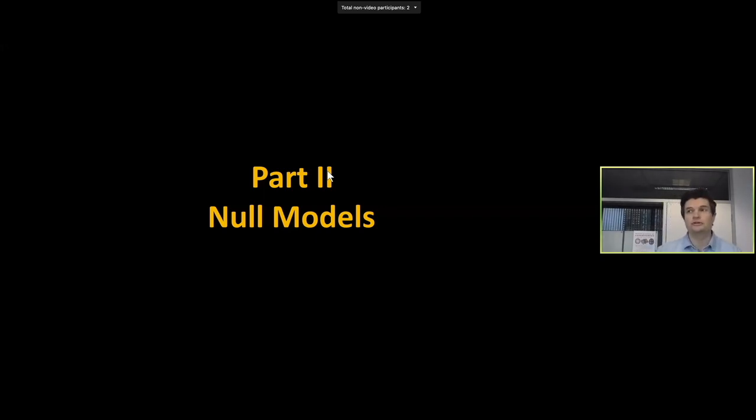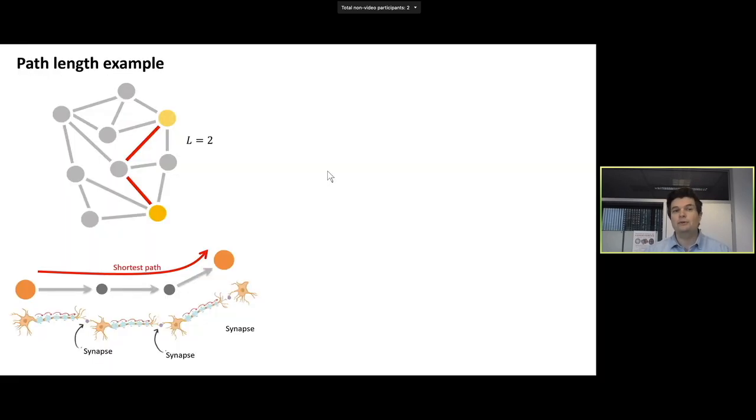Null models are crucial in connectomics to set references, to set benchmarks. And I want to begin with this example. This is a small network, and I want to consider the network measure of path length. We'll see this again in one of the subsequent sessions of this workshop. In this small network, the average path length is 2.